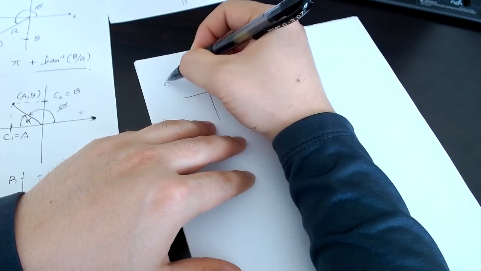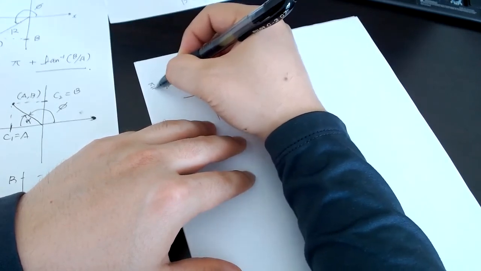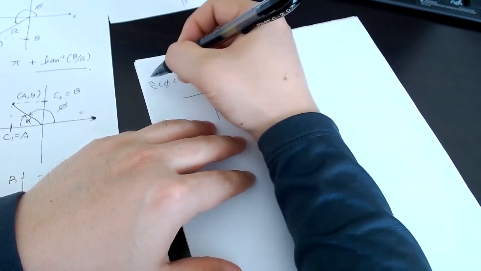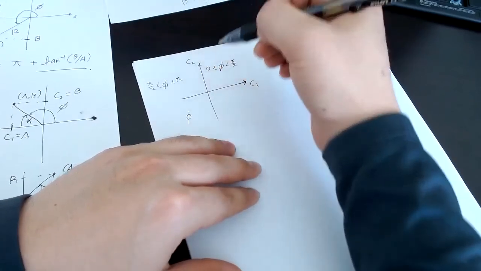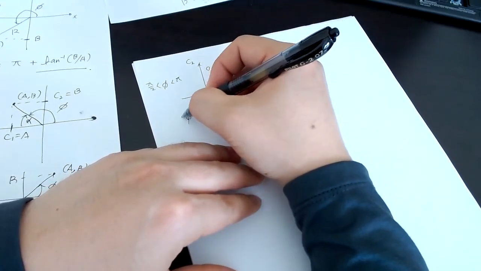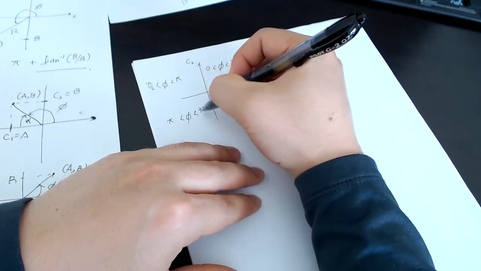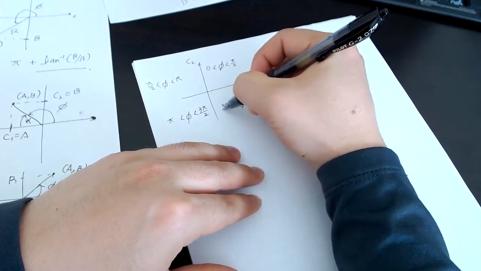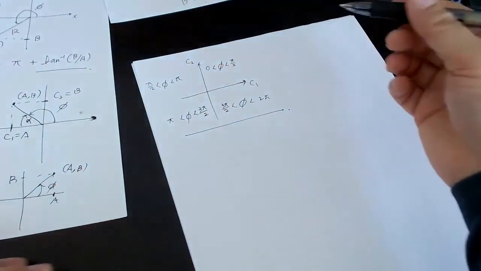And then in this one, pi is between pi over 2 and pi. Okay. And then if C1 and C2, okay, in the third quadrant, pi must be between pi and 3 pi over 2. And then here, pi is between 3 pi over 2 and 2 pi. Okay. That's why we got this one.